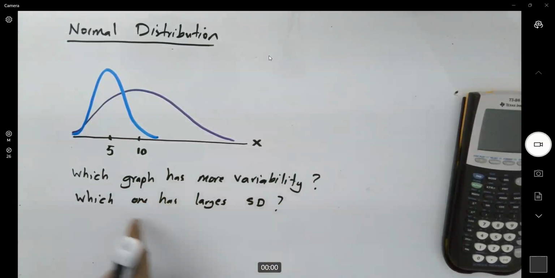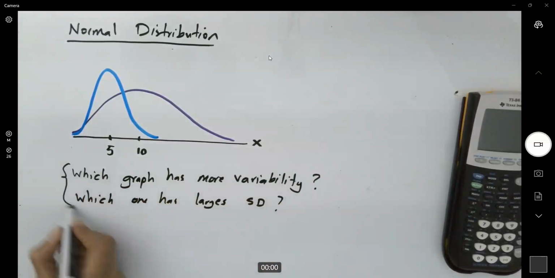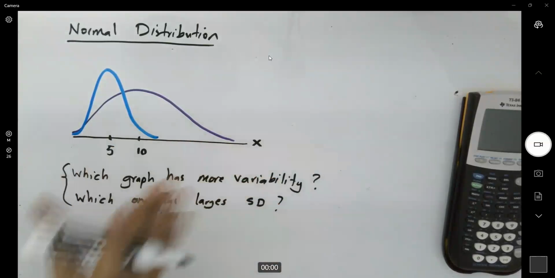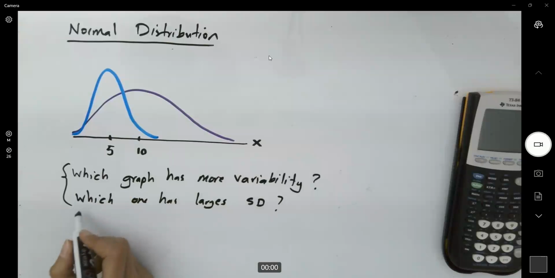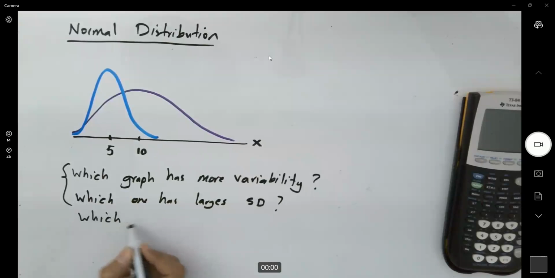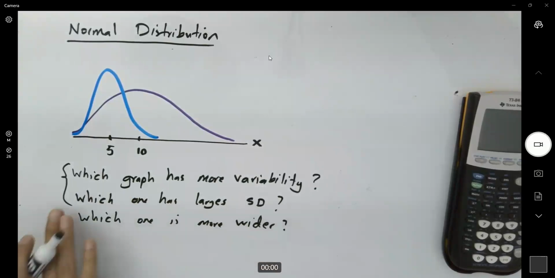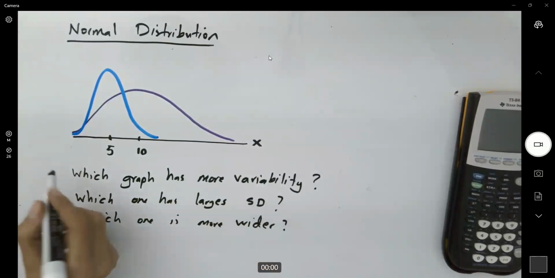These two questions are equivalent to each other. Which one has more variability? It means, which one is wider than the other? These questions are all equivalent to each other, guys.